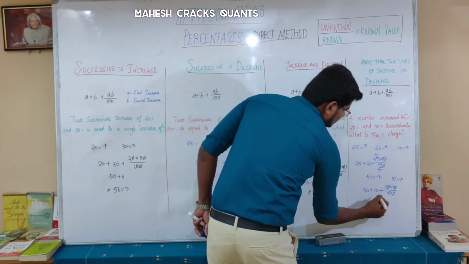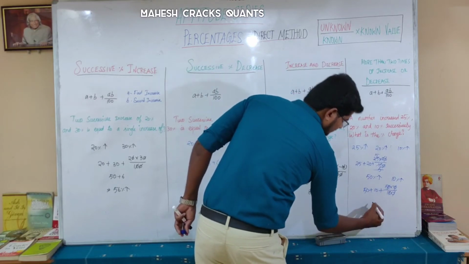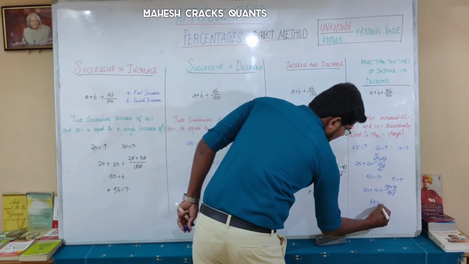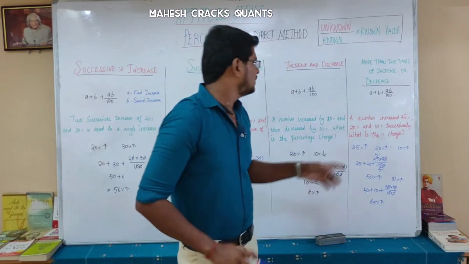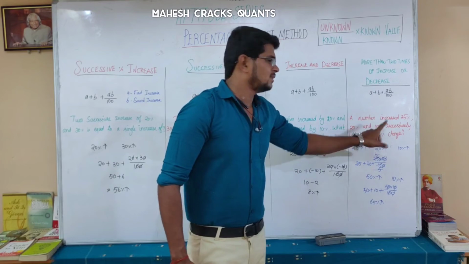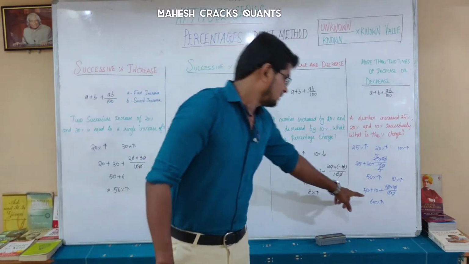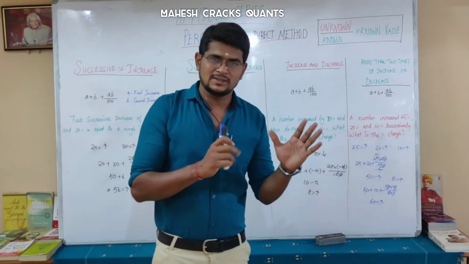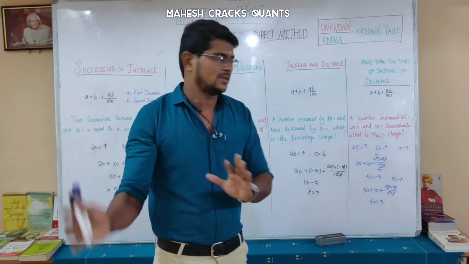Cancelling 0, 0, 0, 0, you will get 5. 50 plus 10 is 60, 60 plus 5 is 65% increase. If you are increasing a number successively by 25, 20 and 10, the overall increase is 65. A number is 100%, at the end it will become 165% of itself.